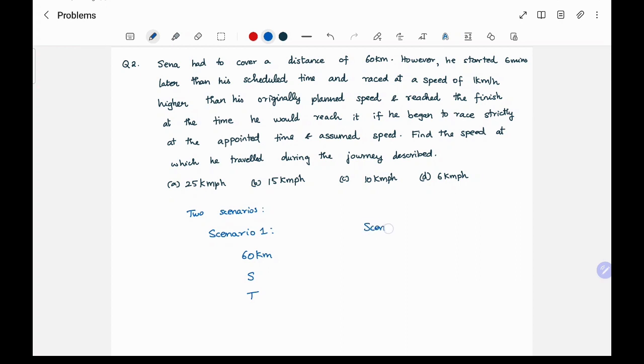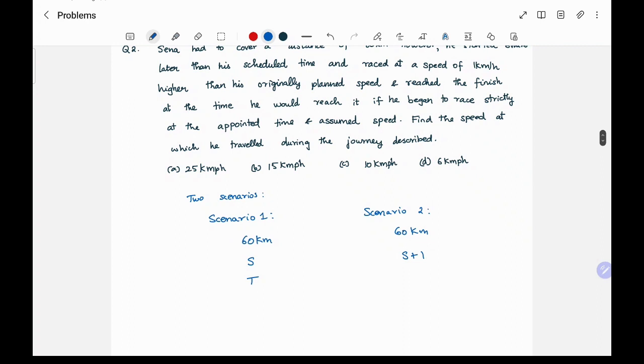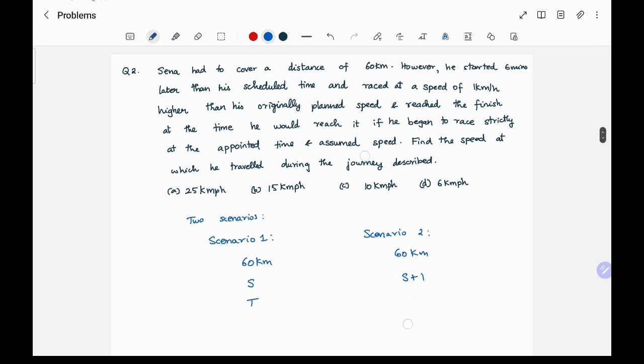So in scenario 2, what happens? So its distance is same. Speed they are saying it is 1 km per hour higher. And time is, he starts 6 minutes later and reaches on the planned time.